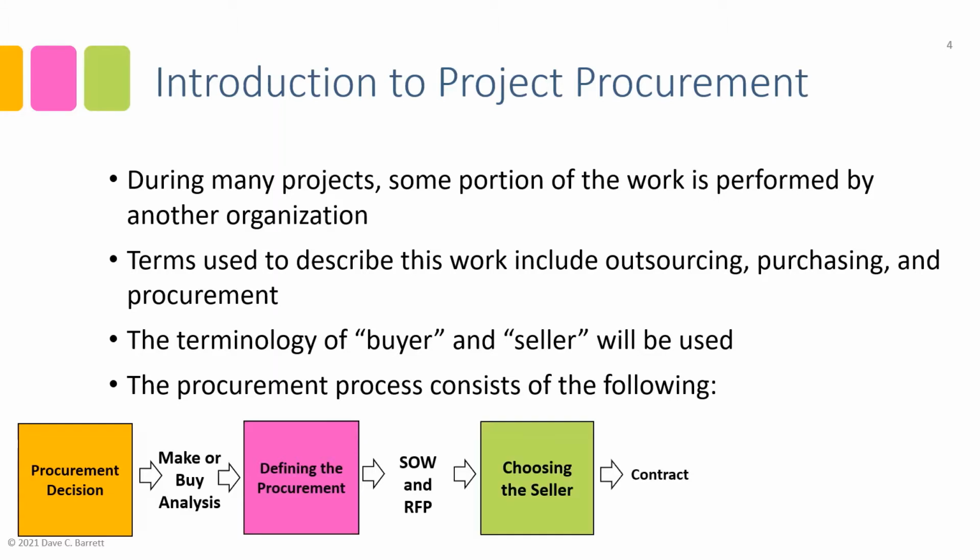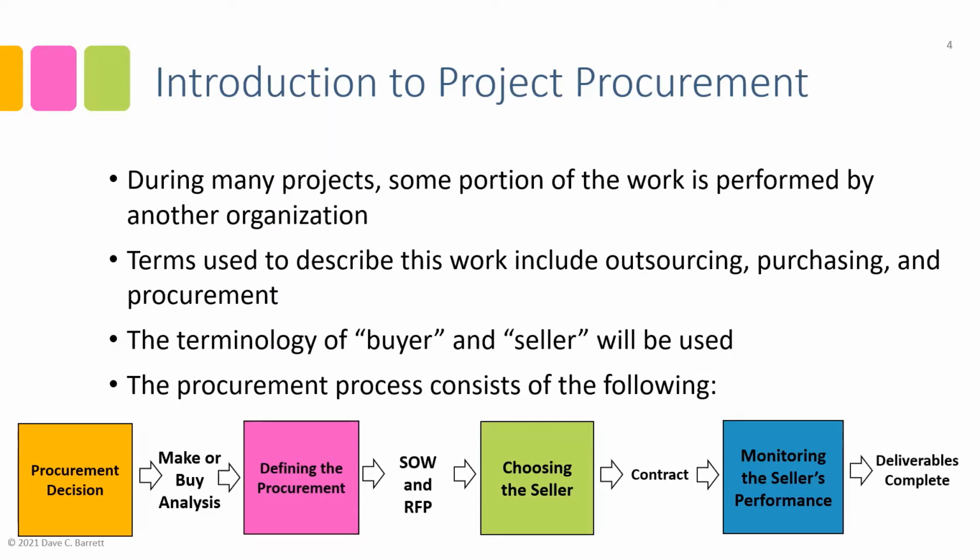We'll talk more about that. There is the choosing or selection of the seller that results in a contract being produced. And then there is the monitoring of the seller's performance as the seller actually does the work as defined in the contract.